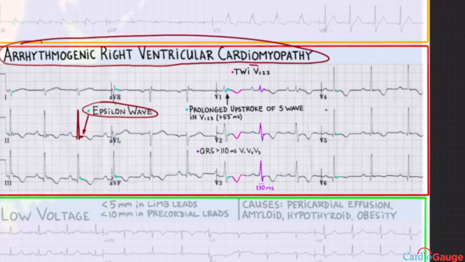Another feature is T-wave inversions in leads V1, V2, V3, which is very common anyway, so isn't particularly helpful in distinguishing that a patient has right ventricular cardiomyopathy. And then lastly is prolonged upstroke of the S wave in V1, V2, V3, greater than 55 milliseconds.